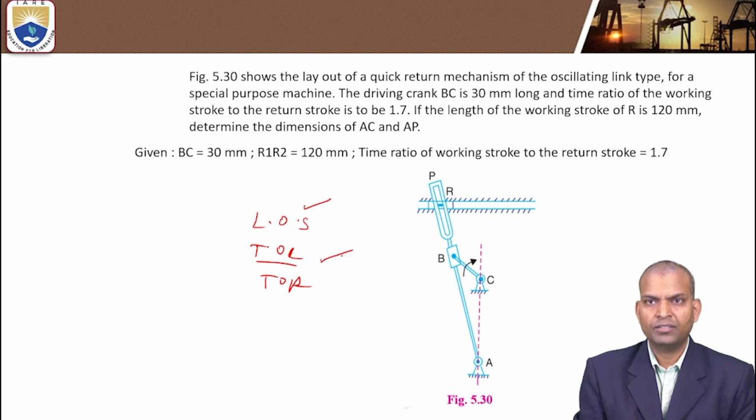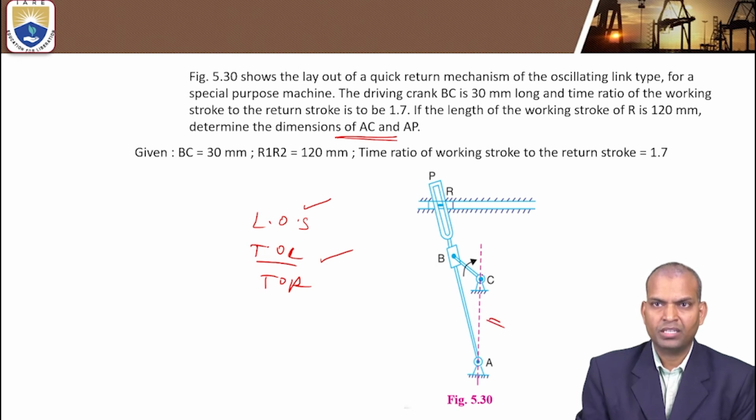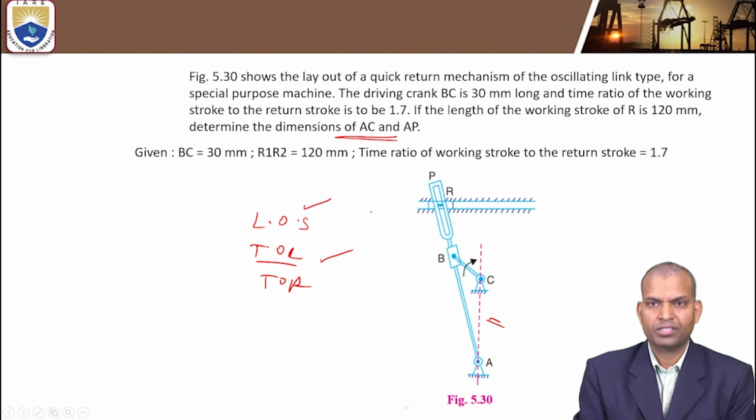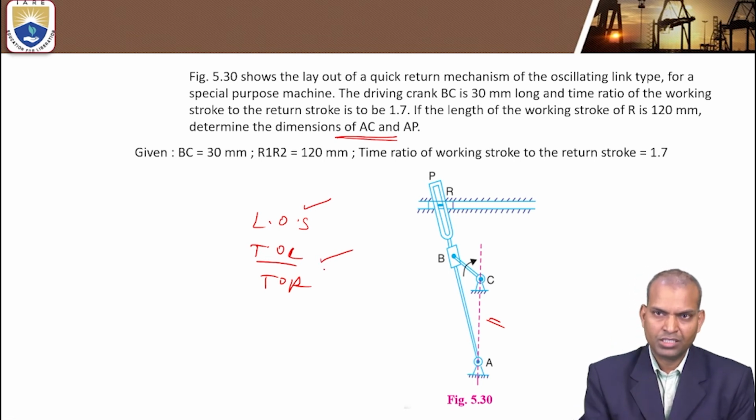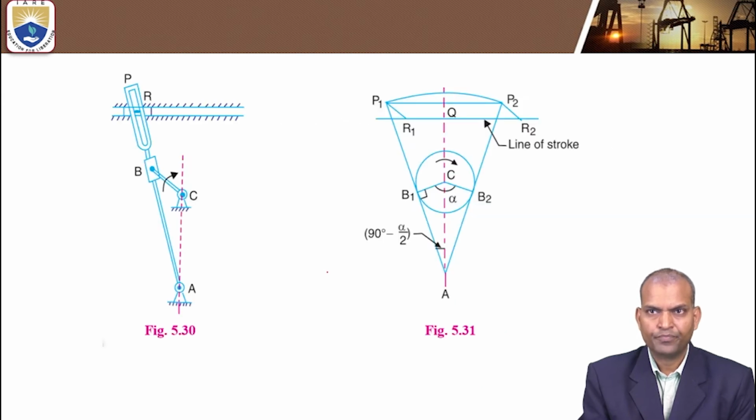We have to find the dimensions of the crank and fixed link, AC and AP or CB. It is the reverse, but if you are thorough in the previous concept, you can solve these easily.